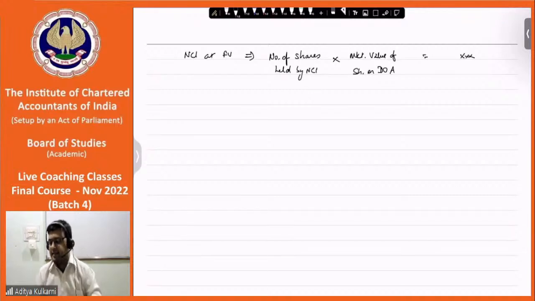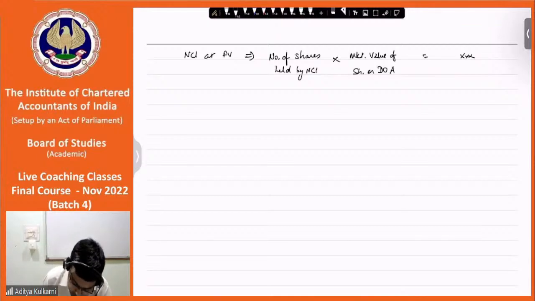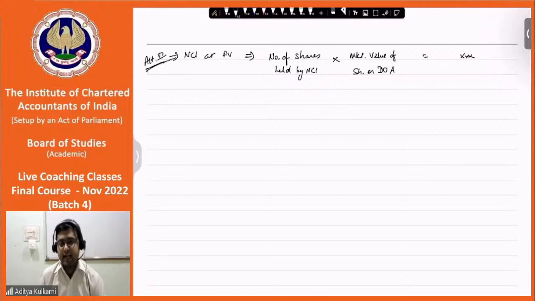This is NCI appearing at fair value. I don't see any goodwill here. There is no goodwill here. This is a plain market calculation. This is an alternative one to calculate.